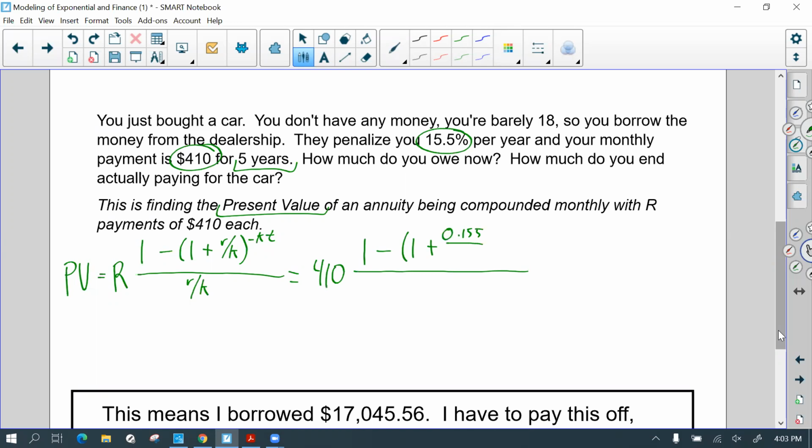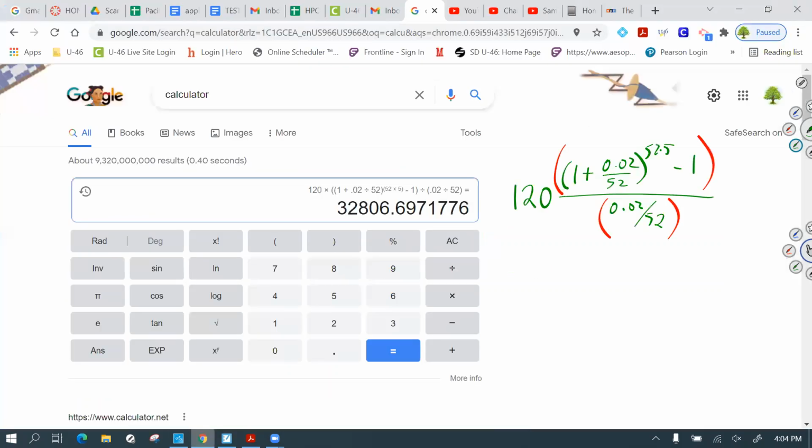And that annual rate is being divided up 12 times a year, monthly, raised to the negative 12 times 5 over this. So again, these are just a bunch of numbers being multiplied, divided, and added. So I can do this all in one shot.